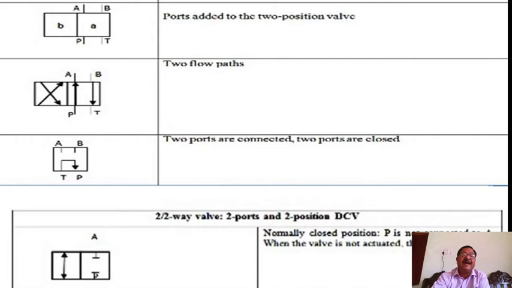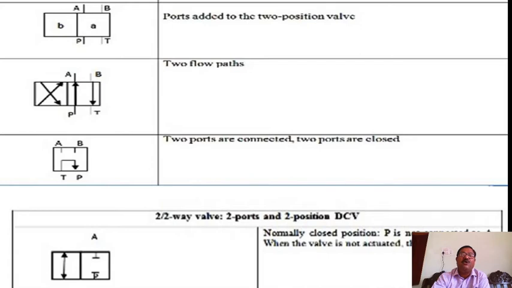See A and P. P is from the power pack. The power pack means the pump and the reservoir: the pump sucks the oil from the reservoir, and from the power pack it is applied to the envelope. Here it is going back to the tank. And A and B are the lines specified for the different hydraulic circuits.